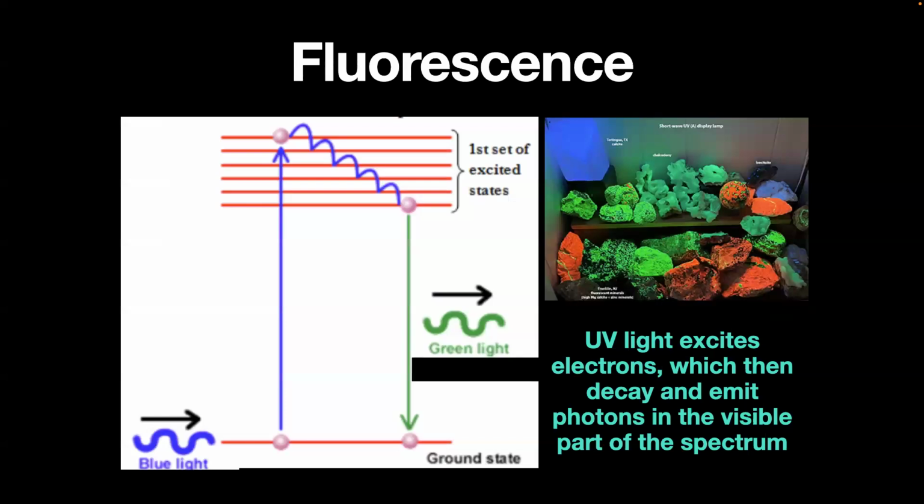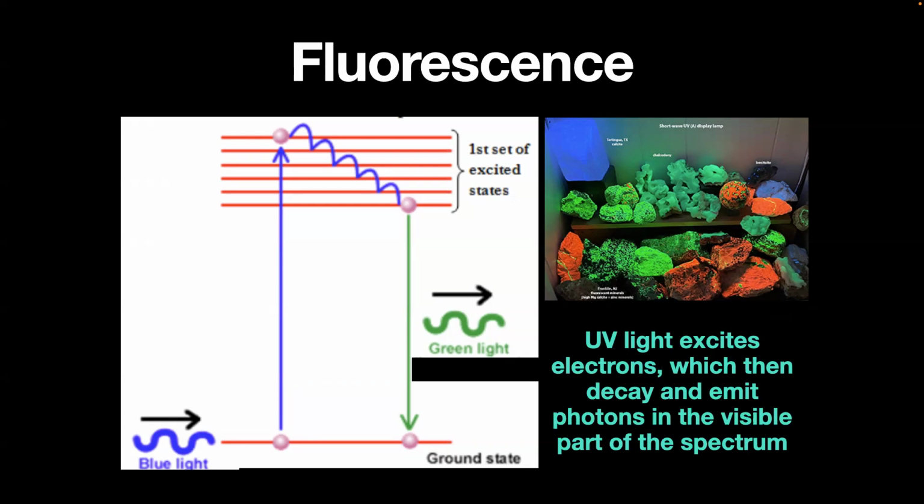But I want to focus in on the UV for a second, the ultraviolet, and how it causes some objects to glow or fluoresce. Fluorescence is when UV light causes something to glow. UV photons may excite electrons up several energy levels.